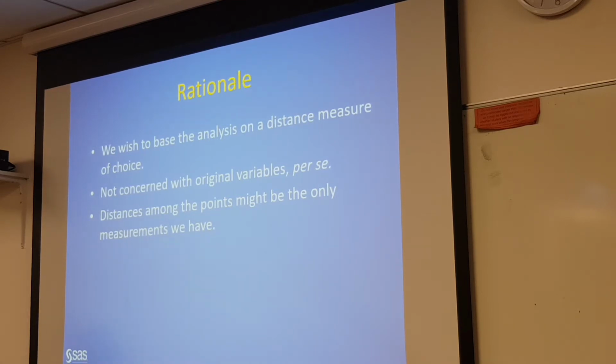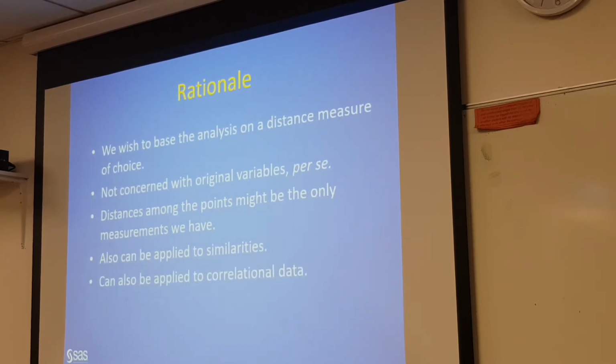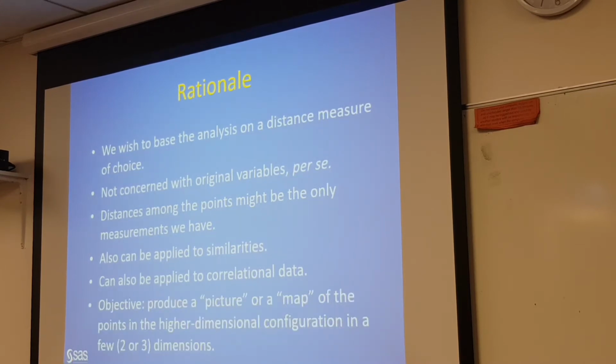Sometimes it's the only data that we have, in fact. You don't actually have the original data, you only have distances, how similar objects are. And we can conversely work with similarities. You come up with the same result. You can also apply this to correlational data. Correlational data does have a problem with it, however, that I'll talk about.